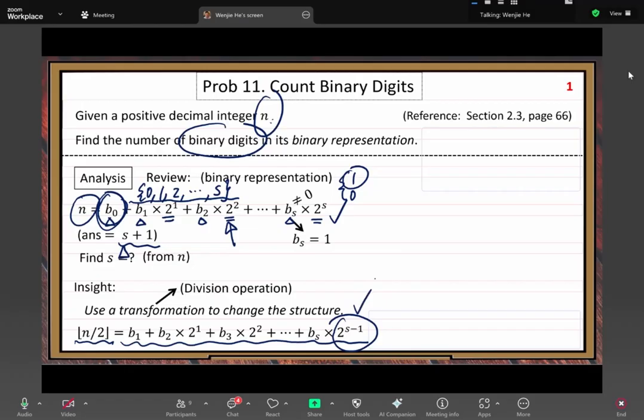All right. From this formula transformation, can you get something interesting? You try to find some valuable information. First, on the left-hand side, you do size reduction. You reduce the size approximately by 2, with the floor function.